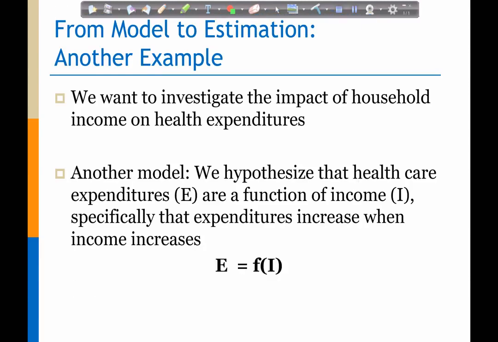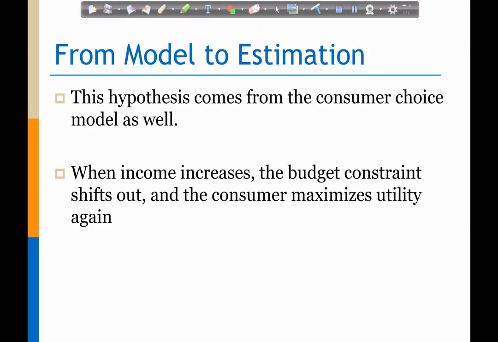Okay, my last example is going to look at the impact of household income on health expenditures. We hypothesize that healthcare expenditures, E, are a function of income, I, specifically that expenditures increase when income increases. This hypothesis comes from the consumer choice model as well.